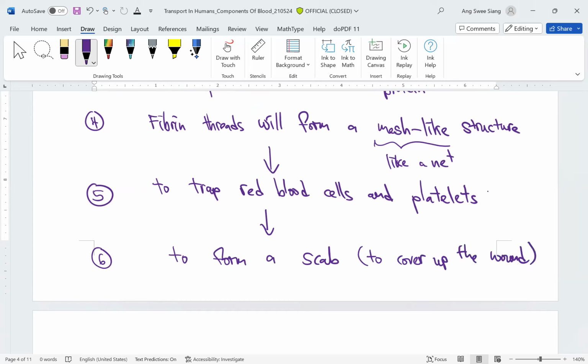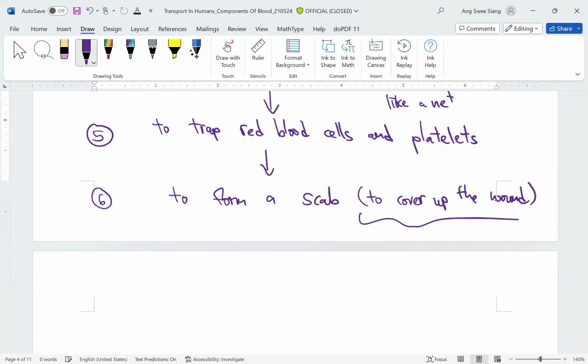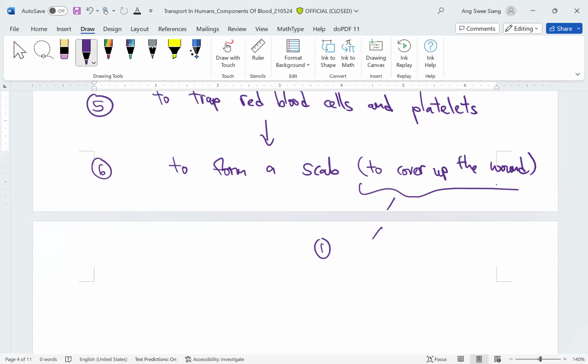Why do we need to cover up the wound? There are two main reasons.